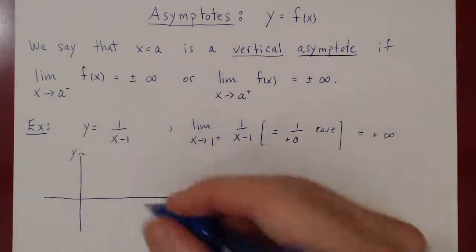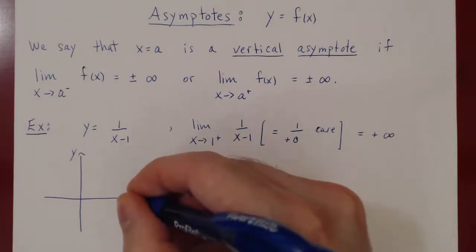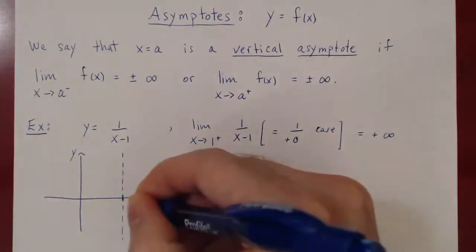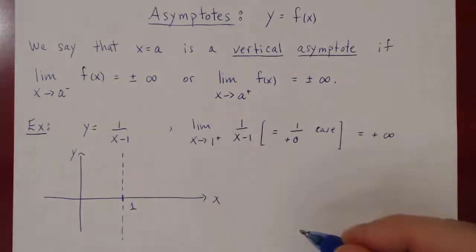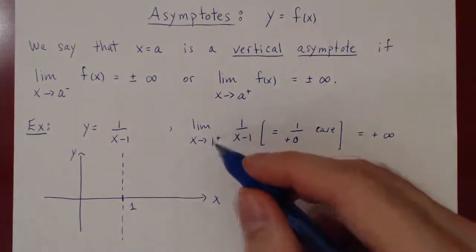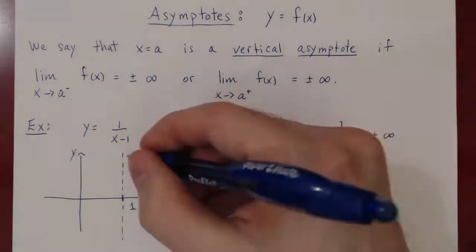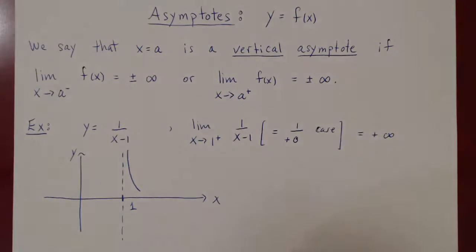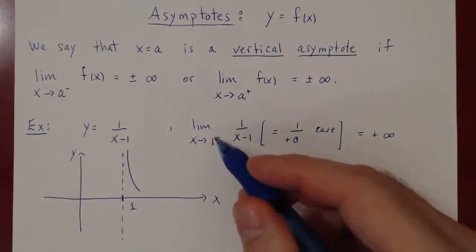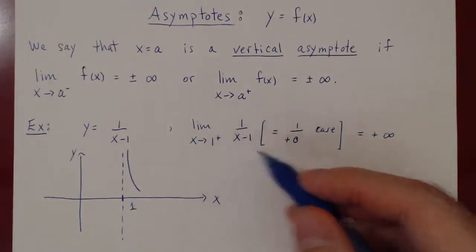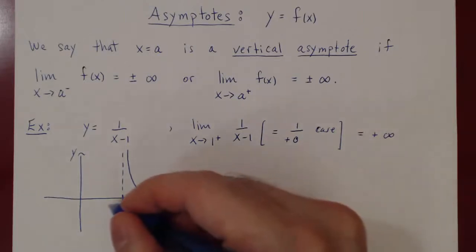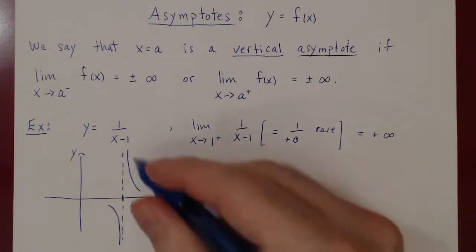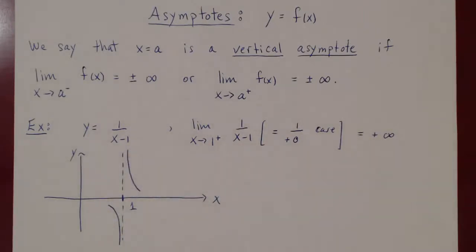The point x equals 1 is the point of interest. And we see that as we approach 1 from the right, the function blows up to infinity, so it will look something like this. And as we approach 1 from the left, this will approach negative infinity, so it will look something like this, around the point x equals 1.